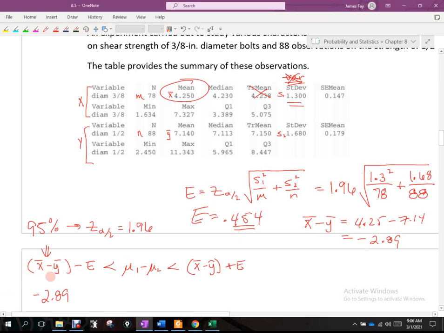So now this thing here becomes negative 2.89. We'll subtract 0.454 from that. That'll be less than mu sub 1 minus mu sub 2, less than, okay, now negative 2.89 plus 0.454.